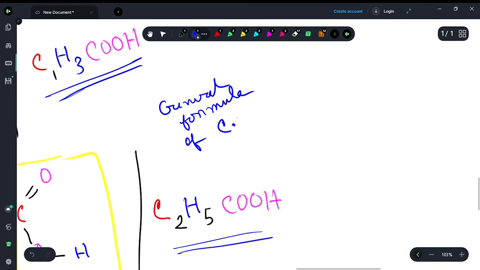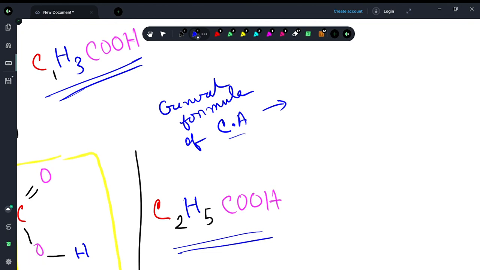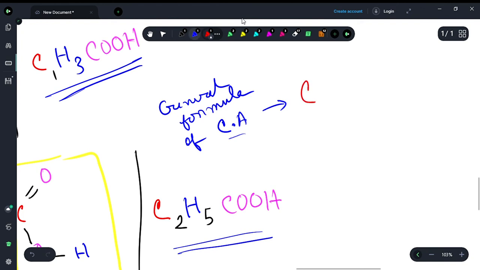How many carbons? It's double the carbon plus 1. Here also it's double the carbon plus 1, and this is double the carbon plus 1. So it's carbon n, hydrogen 2n+1, and there's the COOH.